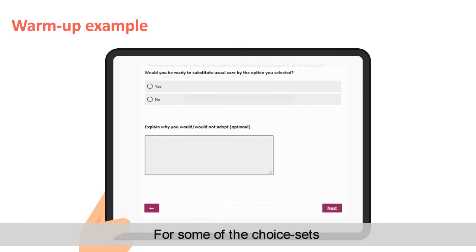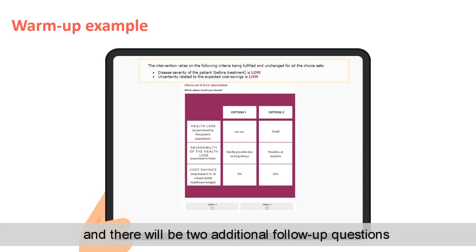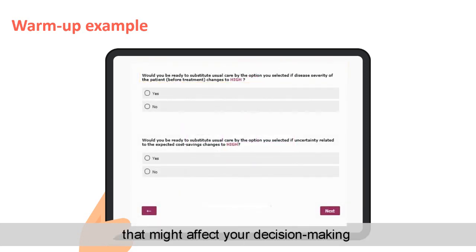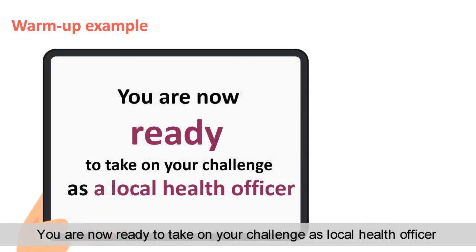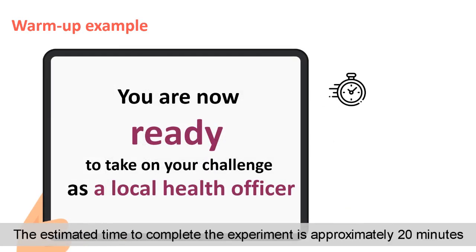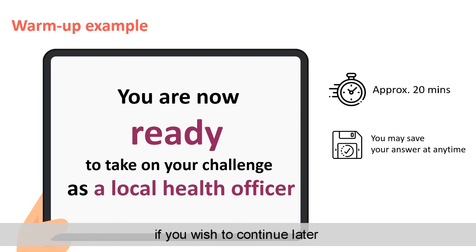For some choice sets, the contextual information will change and there will be 2 additional follow-up questions that might affect your decision-making. You are now ready to take on your challenge as a local health officer. The estimated time to complete the experiment is approximately 20 minutes, and you may save and return to the questionnaire at any time if you wish to continue later.